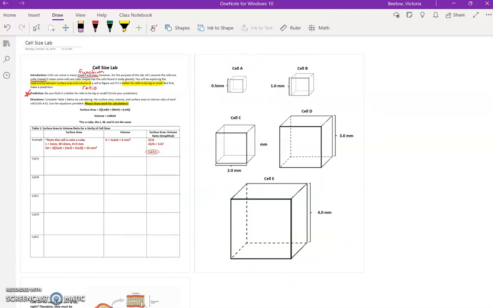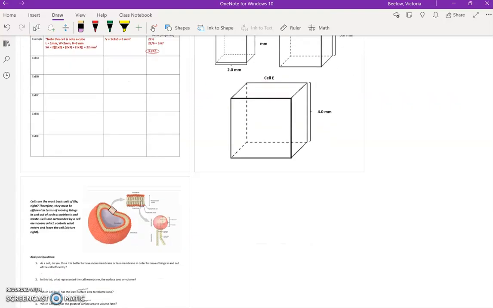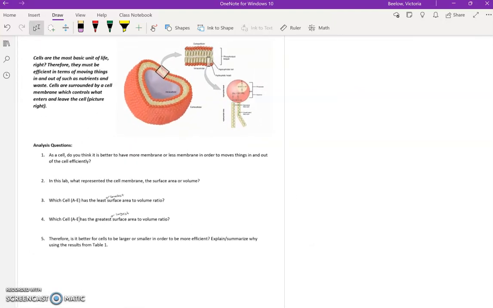And we're going to calculate the surface area to volume ratio. And then tomorrow in class, we're going to discuss that data and try to determine what is the best size for a cell in terms of that surface area to volume relationship.